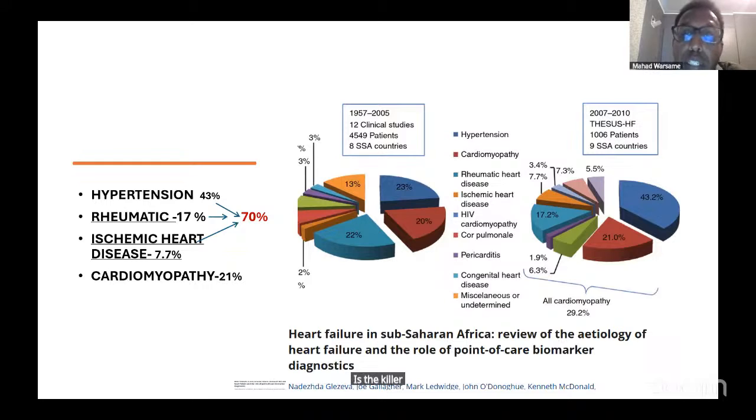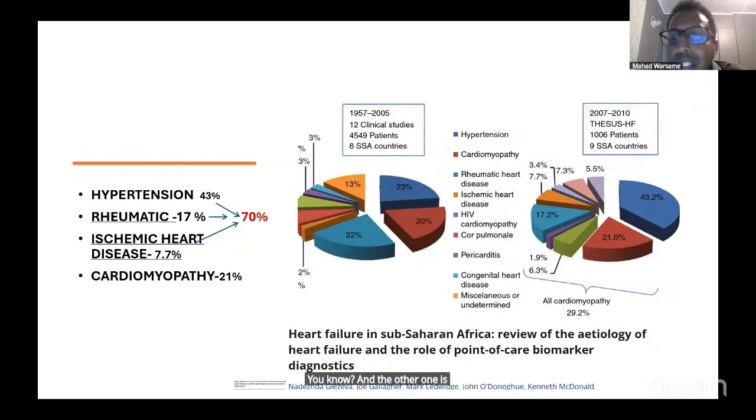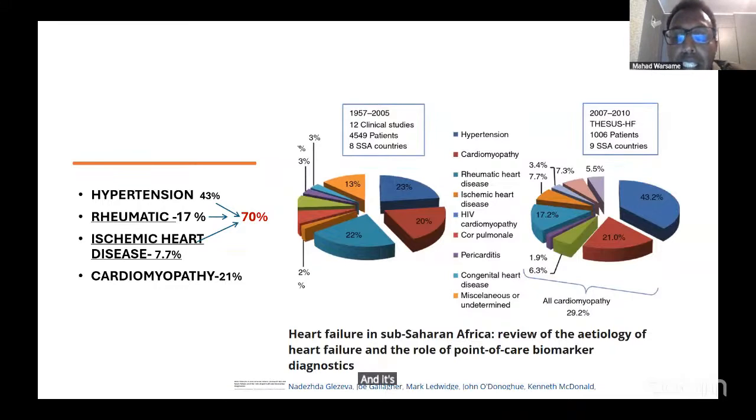I don't understand, but that's one of the 43% of heart failure in sub-Saharan Africa, including Somaliland, is hypertension. A very easy disease to prevent and treat. The other one is rheumatic heart disease. Another disease which is very simple to treat is infection of the sore throat, and it's not treated, and the young patient dies of heart failure.